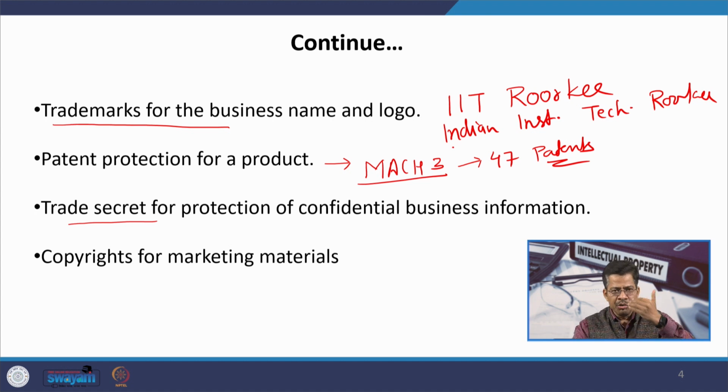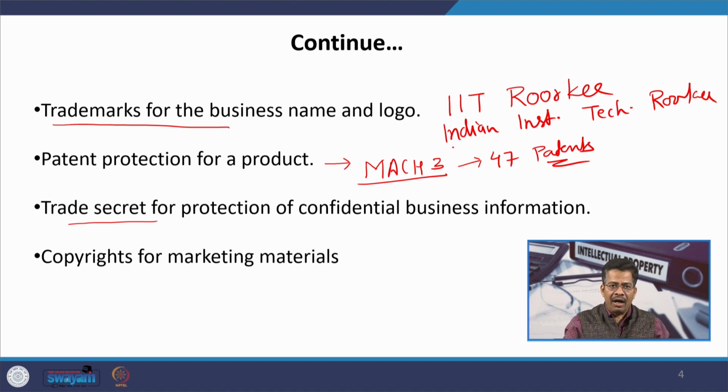So, you are putting your entire secret, in fact your research, in front of the public. Now, on one side I am presenting you the solution to this question, and on the other side I am also ensuring that you should not copy my solution. That is what happens in a patent.